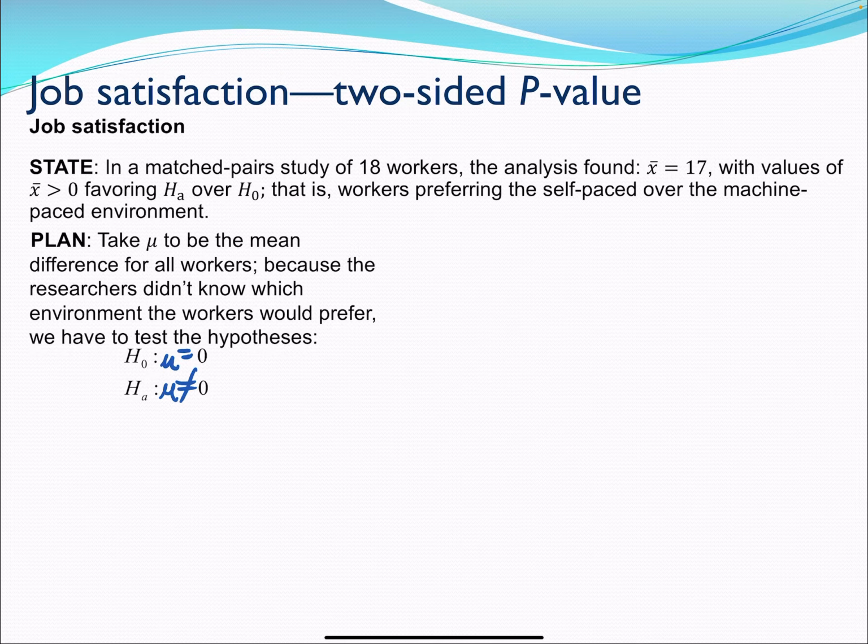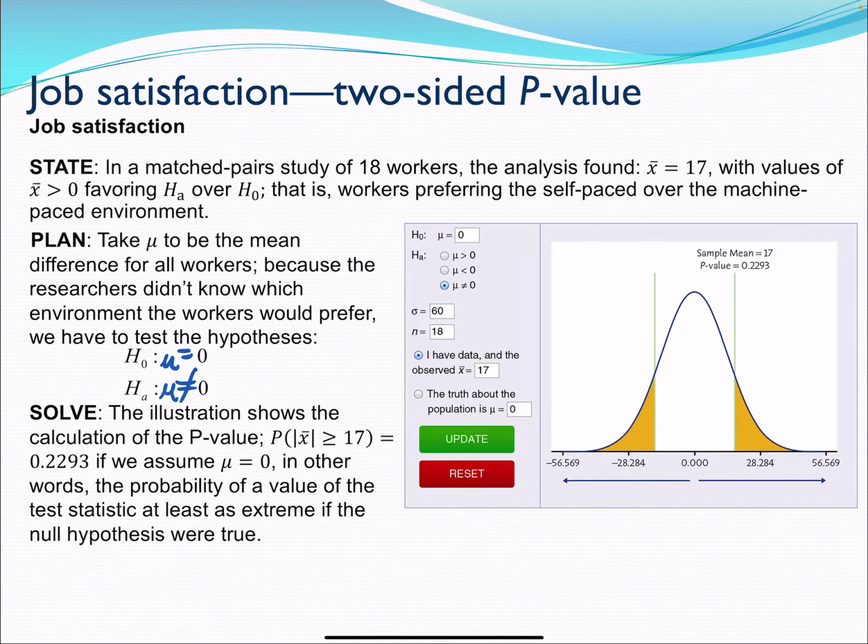So we say our alternate hypothesis is that our mean doesn't equal 0. That means instead of just looking at one tail, I'm going to be looking at two tails. So I've calculated the z-score for 17. And it doesn't matter if it's less than or greater than. It's a two-tailed test because we don't care either way. We've got to look at both tails. So I get a p-value of 0.2293.